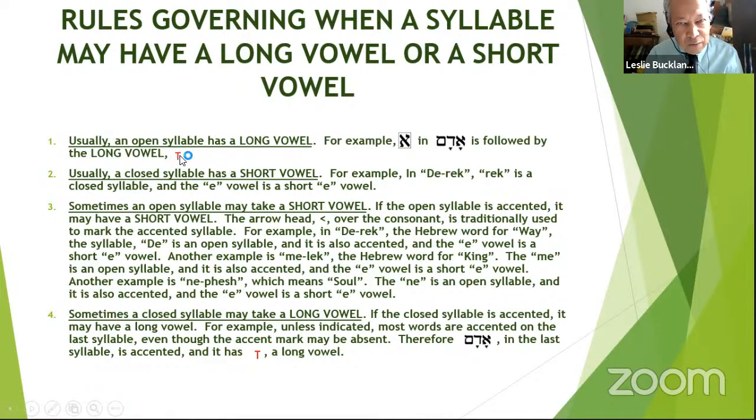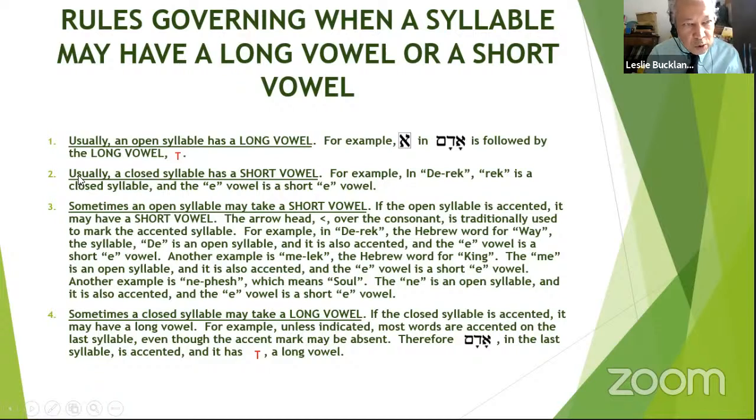Expect to see any of those long vowels in an open syllable. I've only used this as an example, but other words could be used. Usually you will expect a long vowel like kames, a, in an open syllable, consonant followed by a vowel.